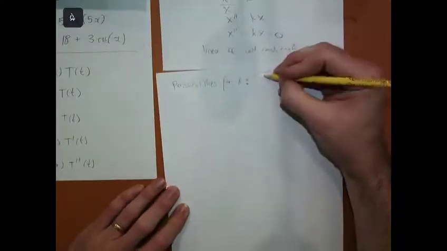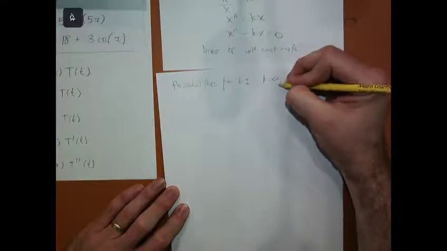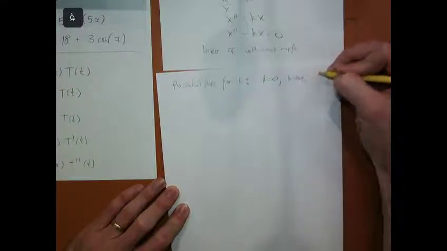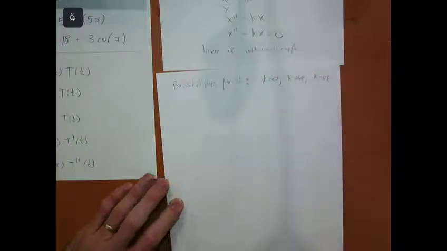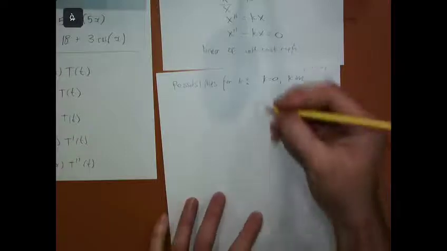So my possibilities for k are that k equals 0, or k is positive, or k is negative. They are my possibilities for what k could be. And I'm looking for non-zero solutions. So I'm looking for a function that is not always 0, that sometimes when I sub in x it doesn't give me 0.